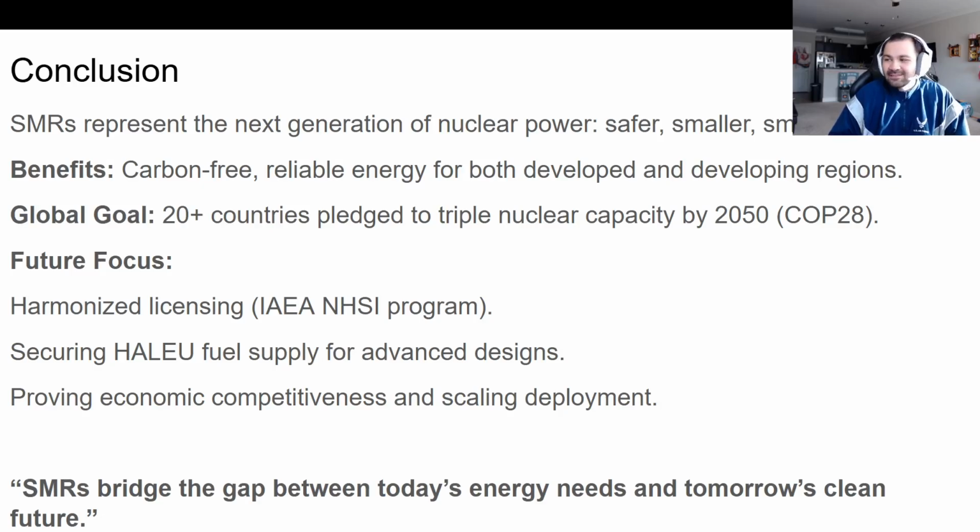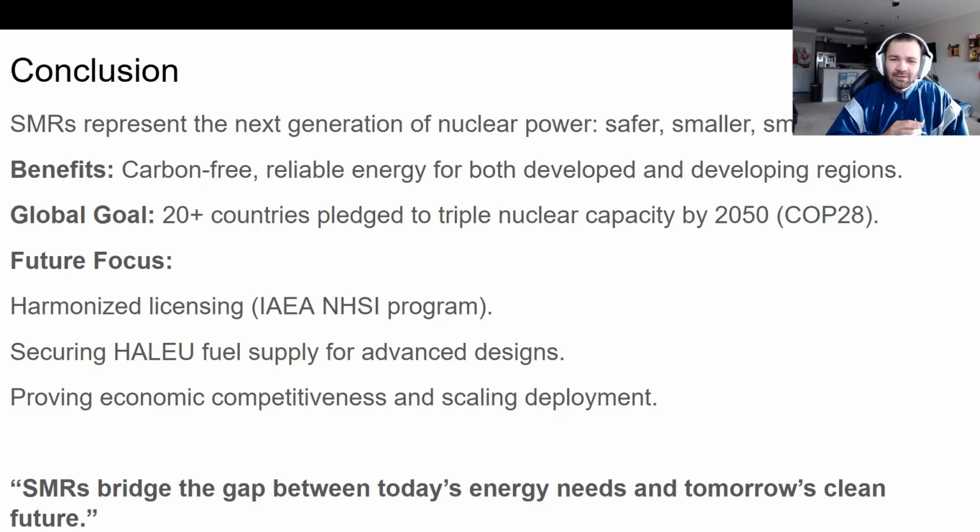The benefit is they're very green, they're carbon free. They still need some carbon to produce these materials, but they're a lot greener than your coal power plant or any type of power plant, really, even cleaner than solar and wind, right?